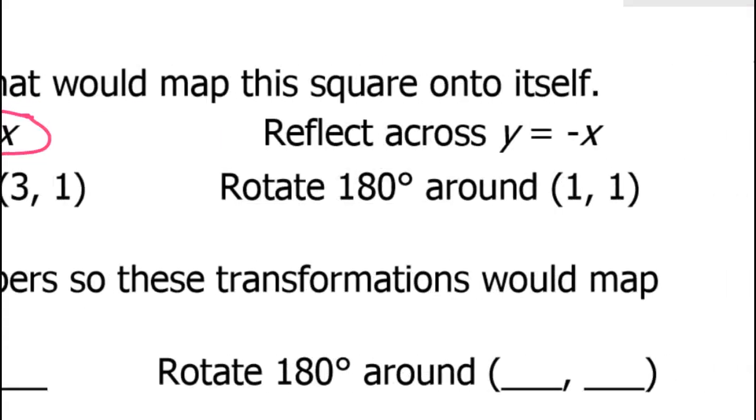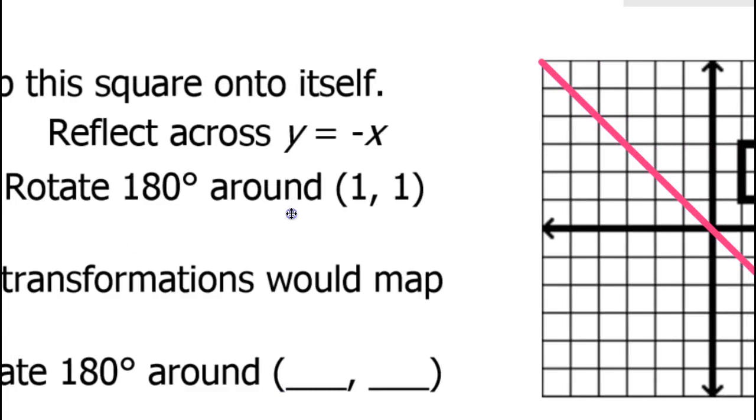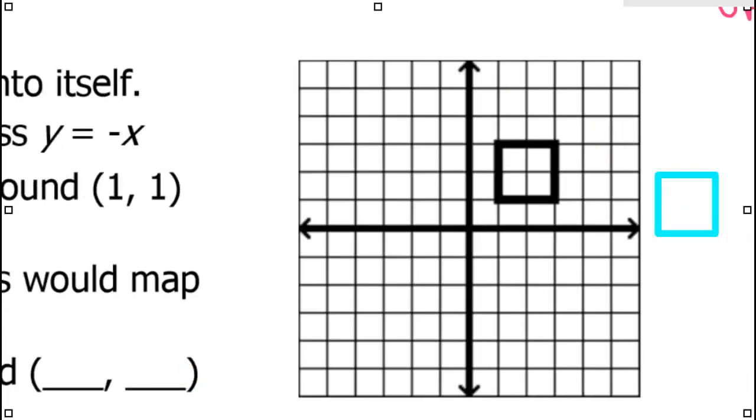Okay, what if I rotate 180 degrees around the point 1, 1? Understand that the point 1, 1 is this point right here. So I'm going to be rotating around this point 180 degrees.